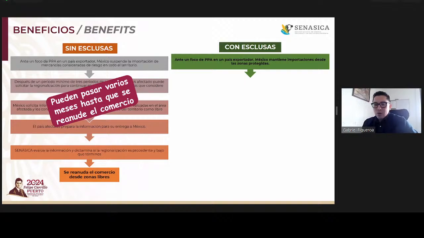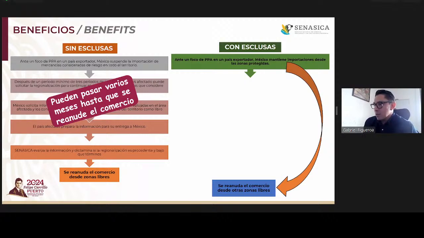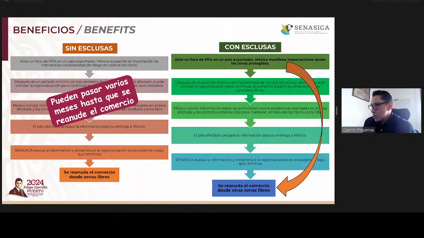And in the case of what we are proposing, this new lock approach, in the event of an outbreak of African swine fever in an exporting country, Mexico is going to maintain imports from protected areas after verifying the border locks. And then this can be almost immediate. And then we can continue with the rest of the process. We gather the information, and we need to pay attention to what's going on in the country.